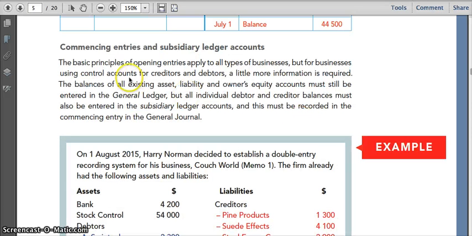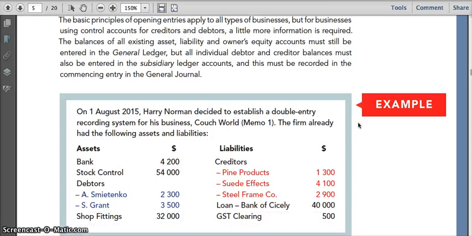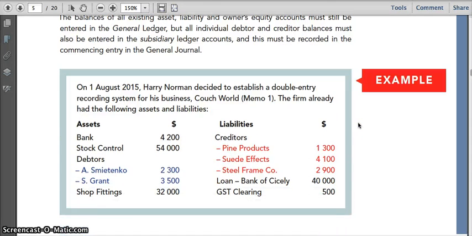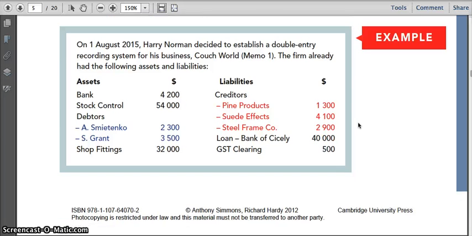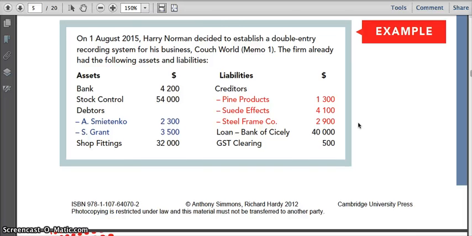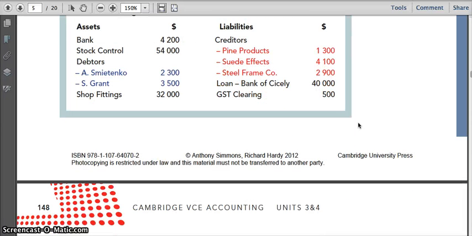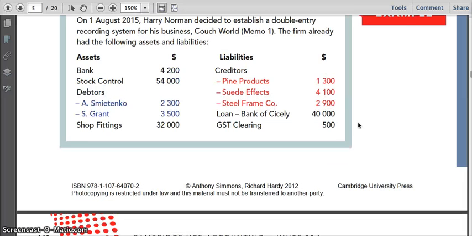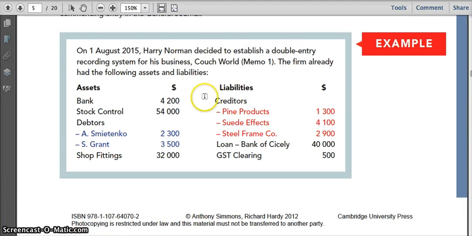Now the subsidiary ledger accounts, it's virtually exactly the same, as dealing with the normal subsidiary ledger accounts through the sales journal or the purchase journal or the cash receipts or cash payments journal for that matter. So we've just got a bit of an example here where you have some information on some outstanding debtors, as well as some information on some outstanding creditors.